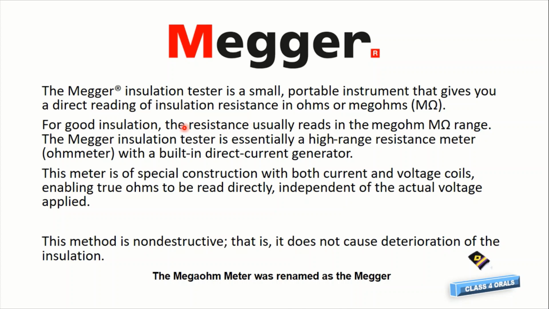For the good insulation which we want in our ship engines and ship systems, the resistance usually reads in megohm range, and the Megger insulation resistance tester is essentially a high range resistance meter with a built-in direct current generator, that is a DC generator.